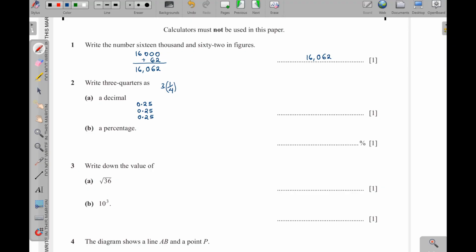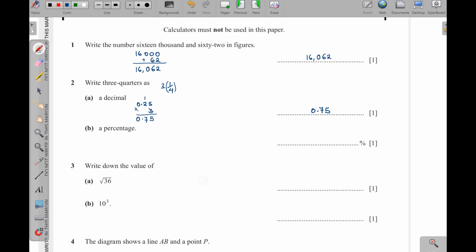So when you add all of those, we can even just say 0.25 times 3. Okay, so when we multiply 3 times 5, we get a 15, not so? Take one here. 3 times 2, 6 plus 1, 7. And then 3 times 0, that is 0. So we have 0.75.